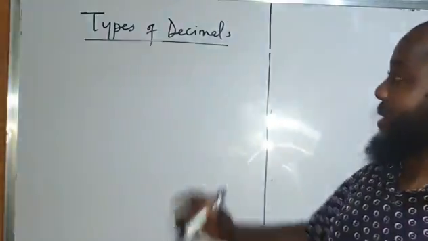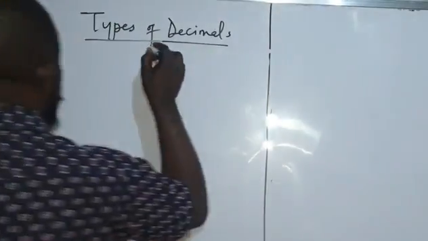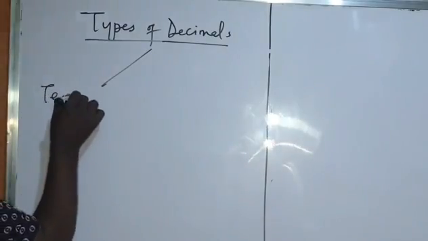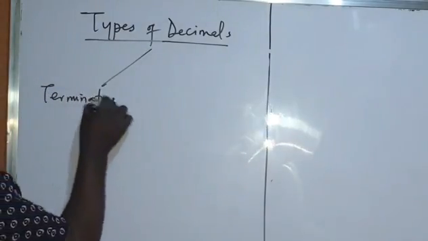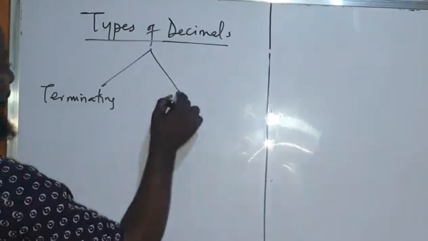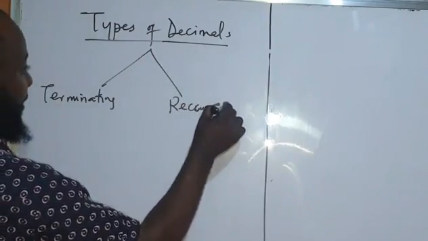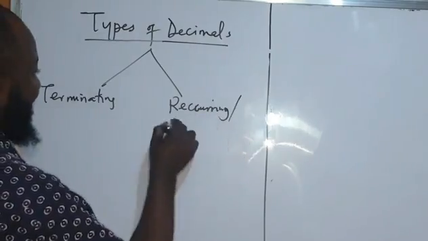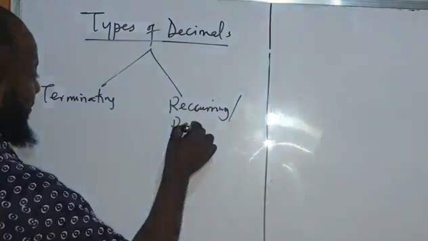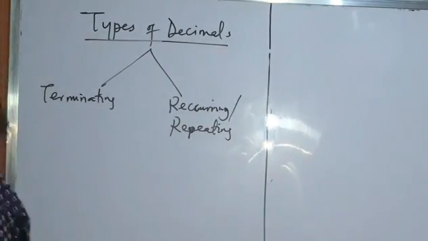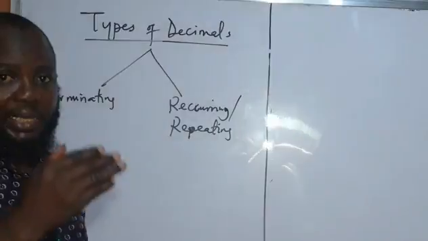So let's look at types of decimals. The first one is terminating decimal, and we have recurring or repeating decimal. Terminating means that the decimal has an end.